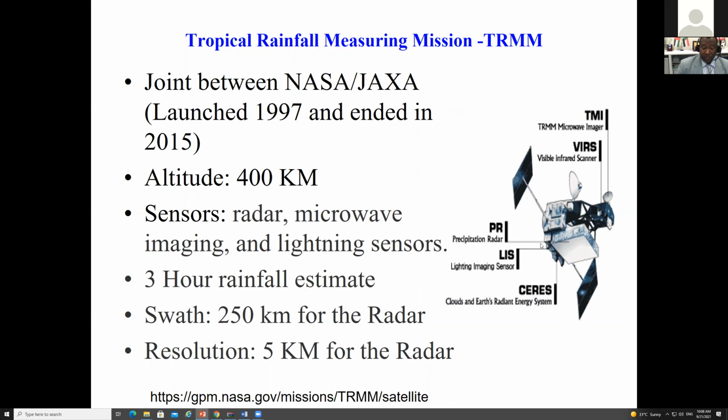This is a big move, and it is different from all previous satellites. In addition to that, it is also provided with what we call a microwave imager. The microwave imager will complement the precipitation radar to estimate rainfall in case there is a gap related to spatial or temporal coverage.